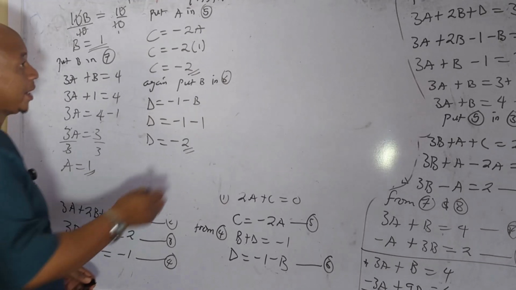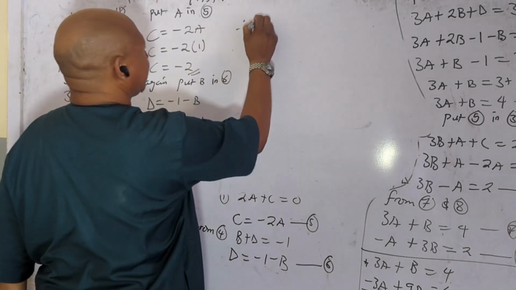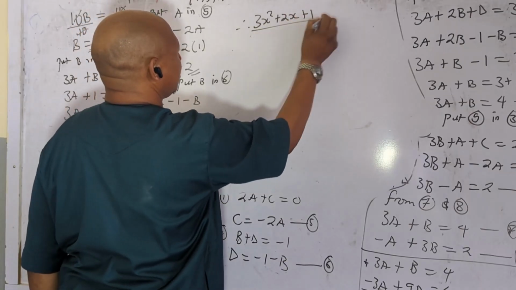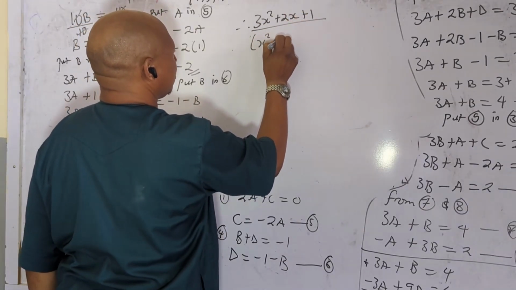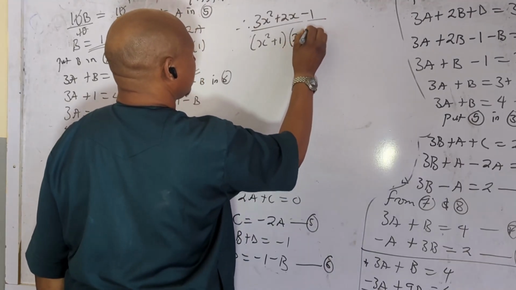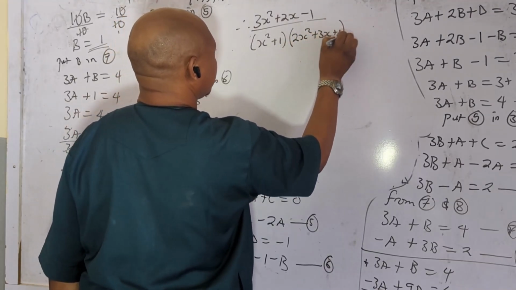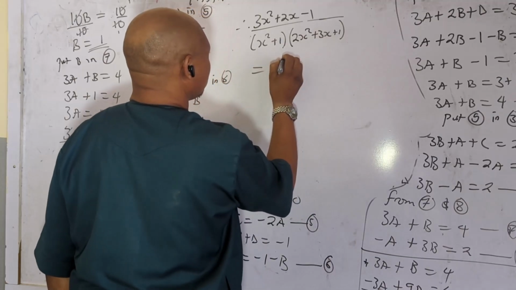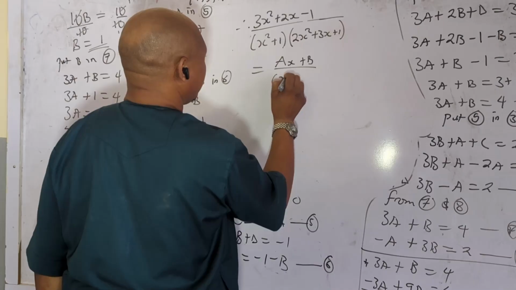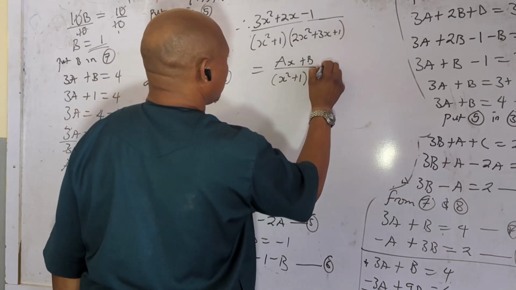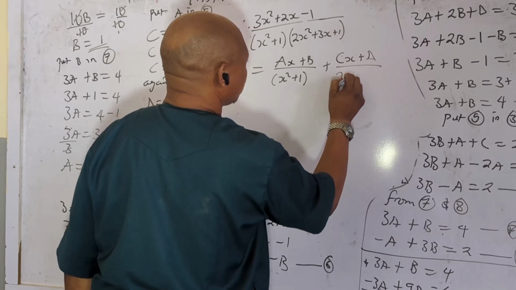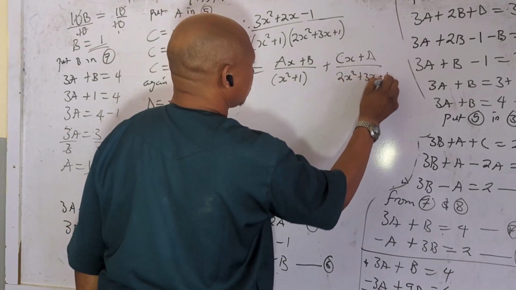So therefore, my equation will now be 3x squared plus 2x plus 1 all over x squared plus 1, then into 2x squared plus 3x plus 1, is equal to, as we said, ax plus b all over x squared plus 1 plus cx plus d all over 2x squared plus 3x plus 1, right?